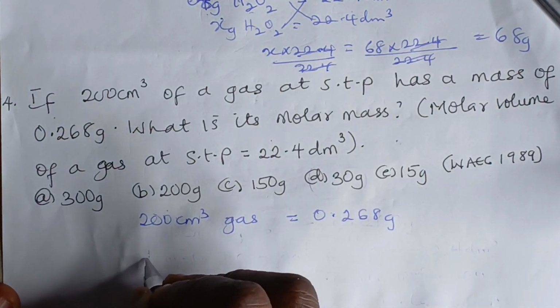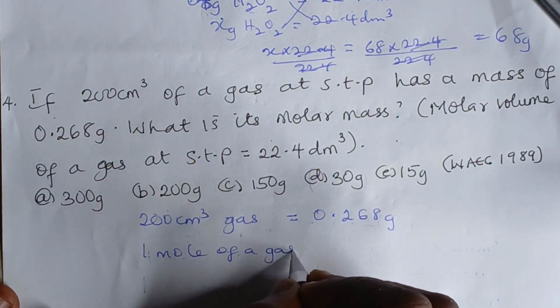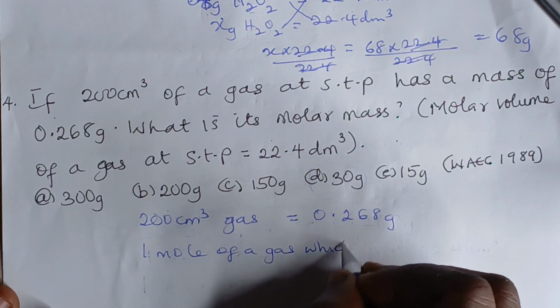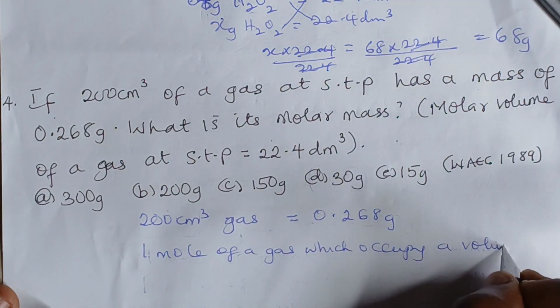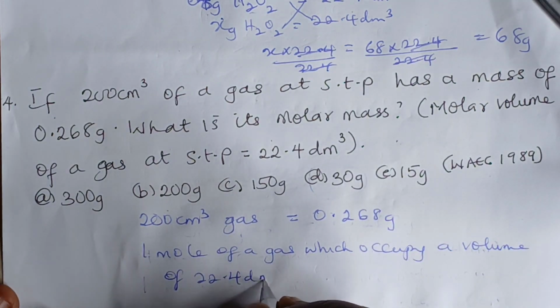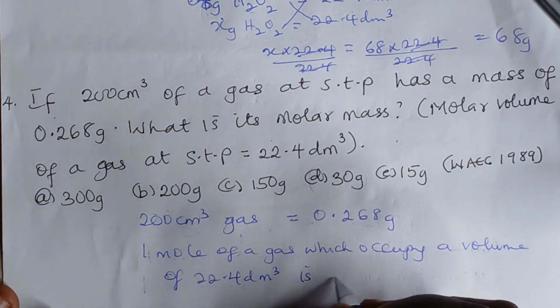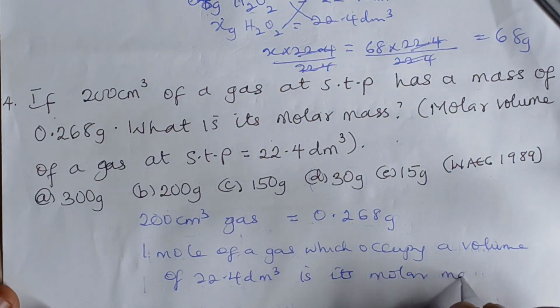So we know that 1 mole of a gas occupies a volume of 22.4 dm cube, and this is a standard. 1 mole of a gas is its molar mass. That is what I'm trying to say here.